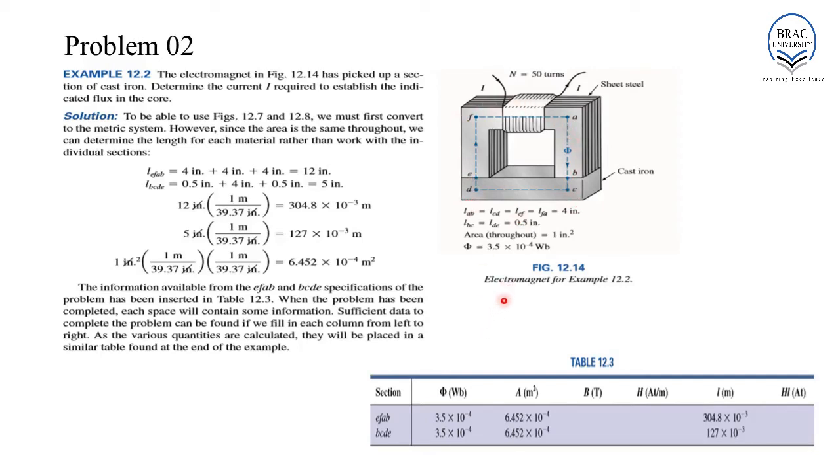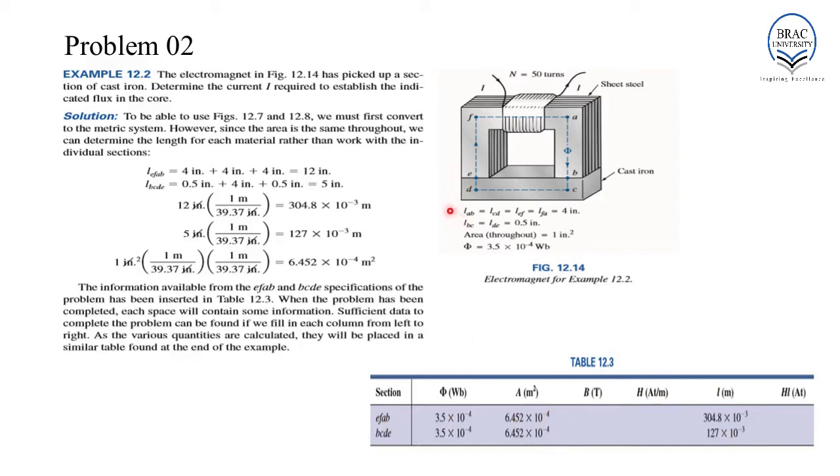So at first we have to make this table. That is, we need to write down all the variables, that is phi, A, B, H, L and HL, and then we need to fill in all the necessary information from the question.